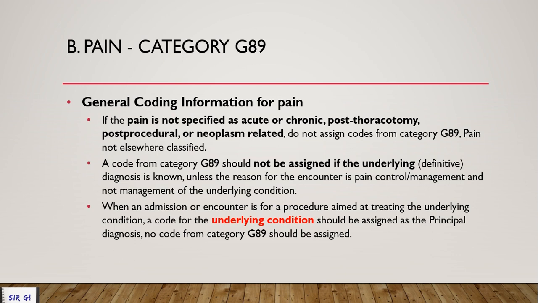So if we already have the definitive diagnosis, code the definitive, except if the reason for encounter is for pain control or pain management, which is related to the next guideline, the selection of your principal or first listed diagnosis.